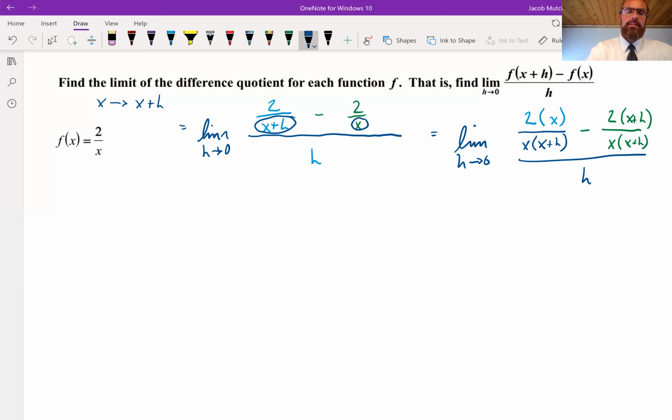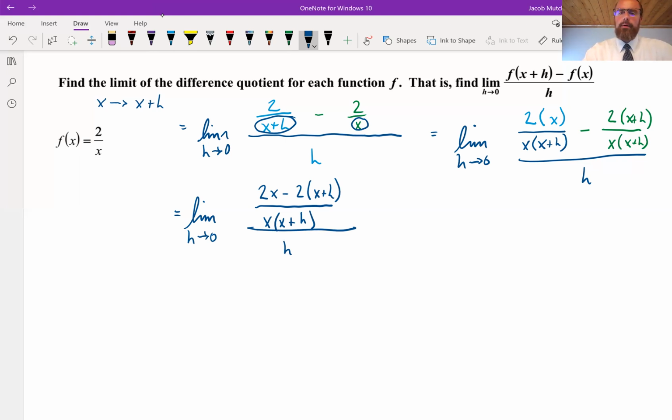So my next limit statement is going to be that it equals the limit as h approaches 0. And I'm going to bring those two fractions together. Their common denominator is x times x plus h. Got it. And in the numerator, it's going to just be the first numerator, 2x, minus the second numerator, 2 times x plus h, all over h.